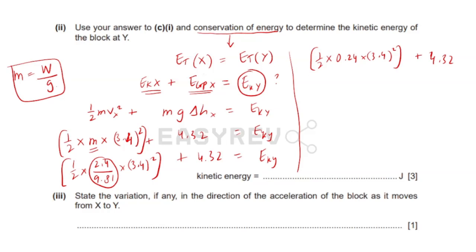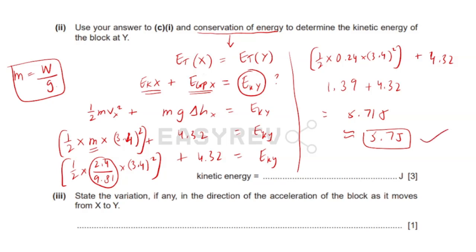In fact, let's simplify the first term more properly. And you will get 1.39 plus 4.32. And now it's just a matter of adding this number to 4.32, and you will get 5.71 joules, which we can round off to 5.7 joules. So that's your final answer, right?